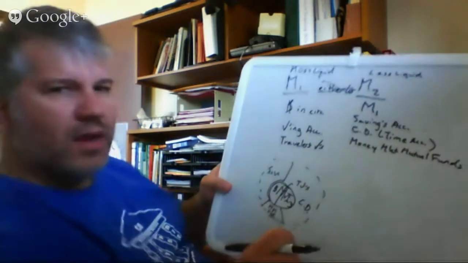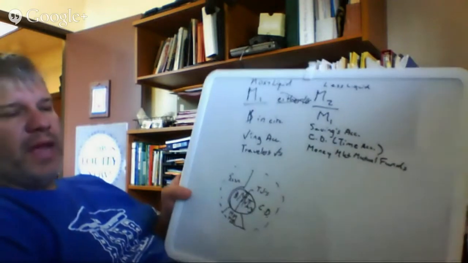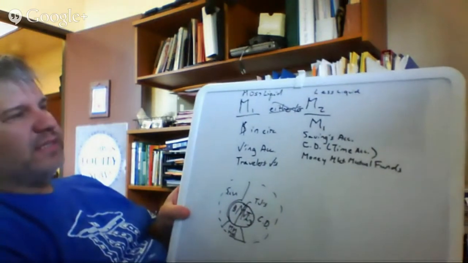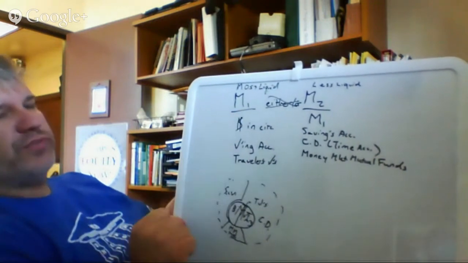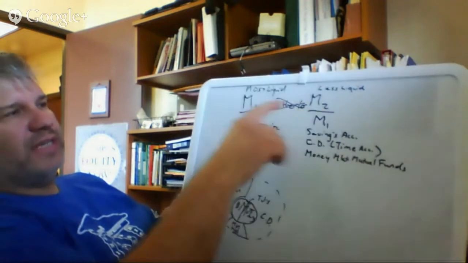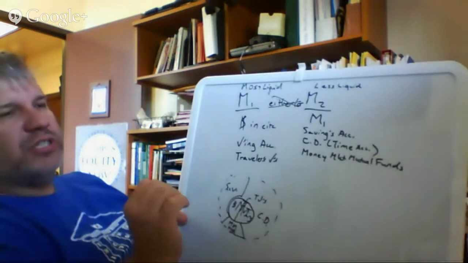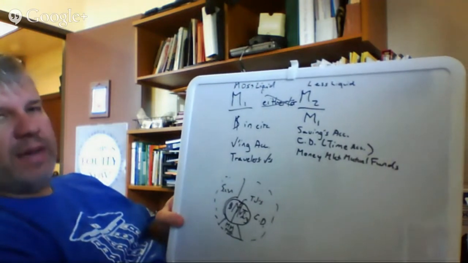Okay. So when we're looking at the difference between M1 and M2, and you're trying to do some of those problems in problem sets, the problem you're probably having a lot of times is you try to exclude things from M1, but the reality is if anything is in M2, then it's automatically in M1. So you should never have a situation where nothing is in M1, right?